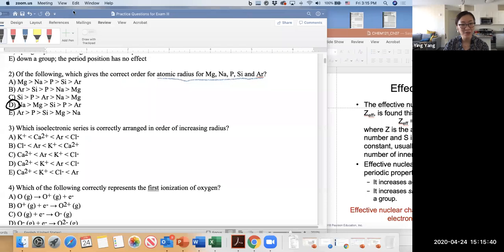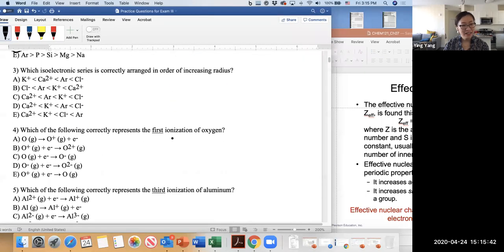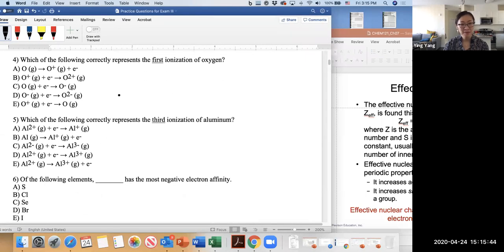Okay, now moving on to the next question. Question number 4 is, which of the following correctly represents the first ionization of oxygen? Ionization means to remove electrons from the atom or ion.